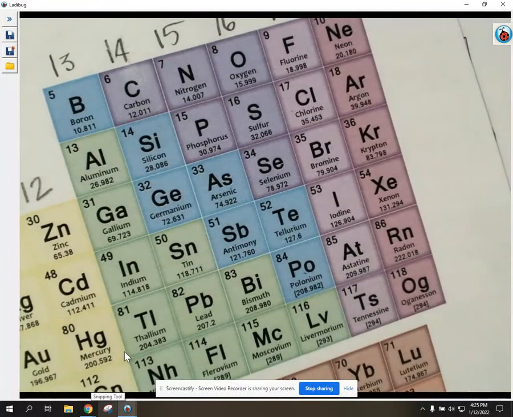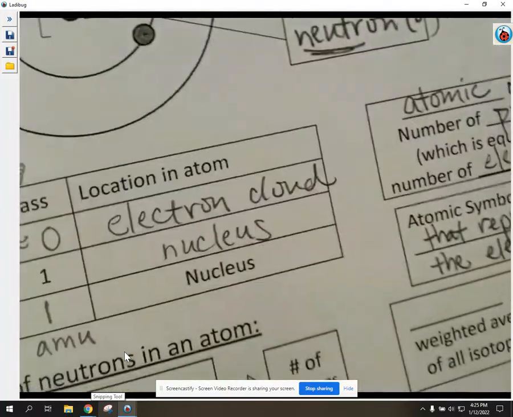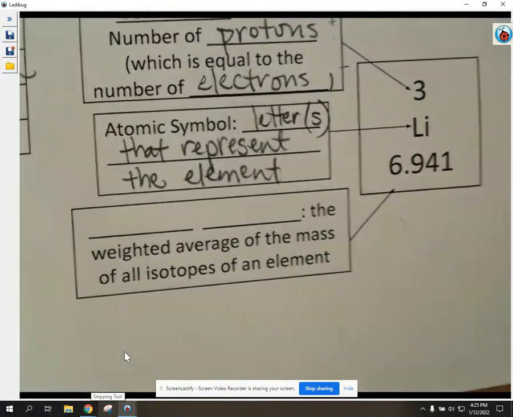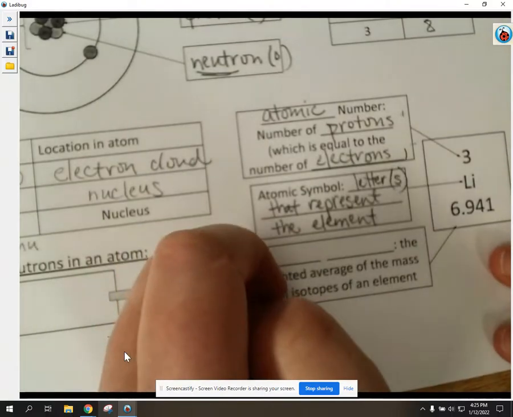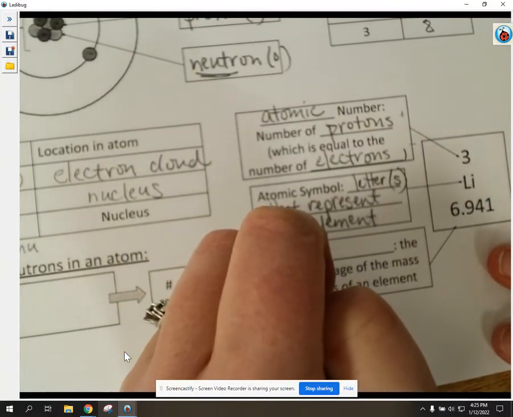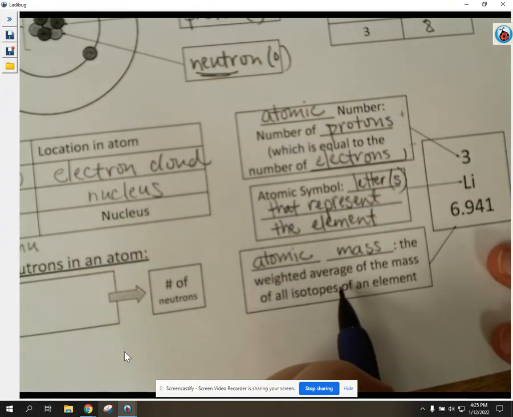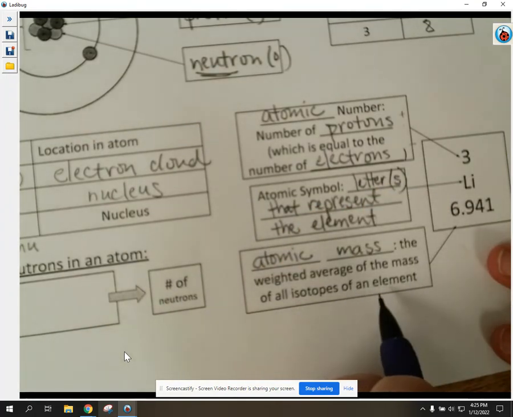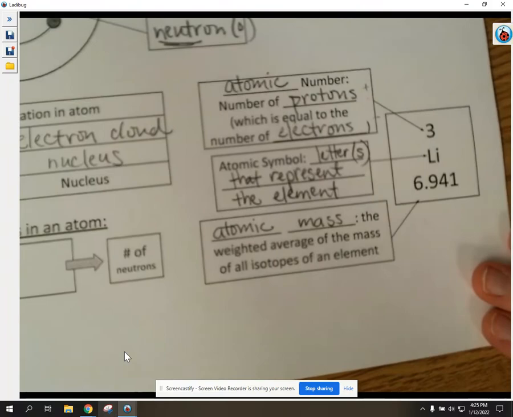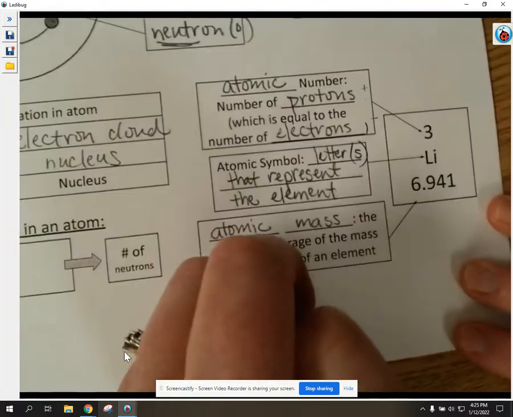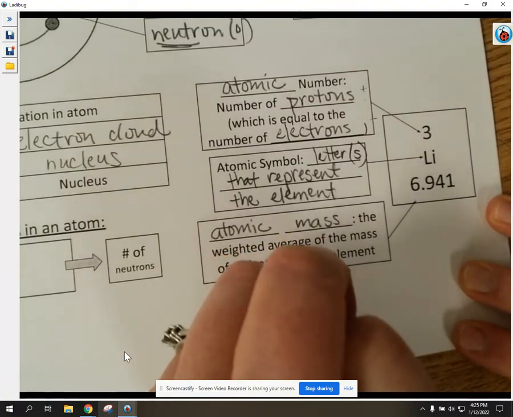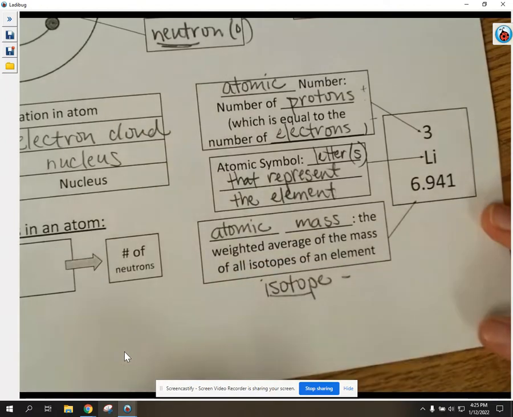So it takes us to this bottom corner here where it says the atomic mass is the weighted average of the mass of all isotopes of an element. Obviously I need to tell you what an isotope is, otherwise that definition won't be very helpful.